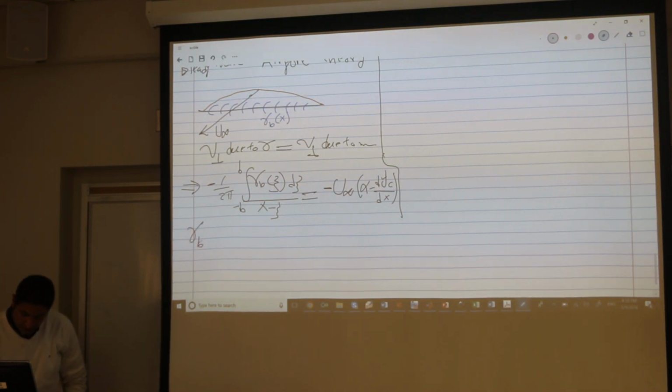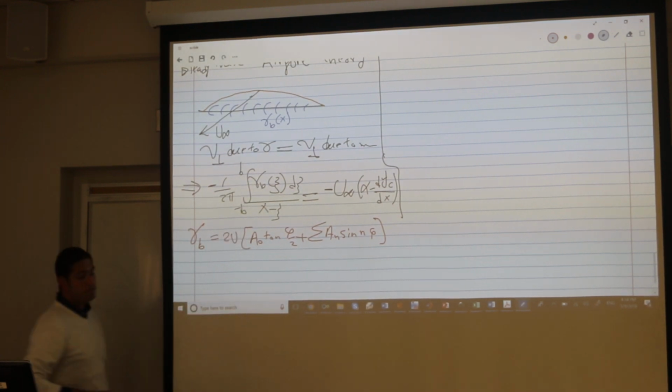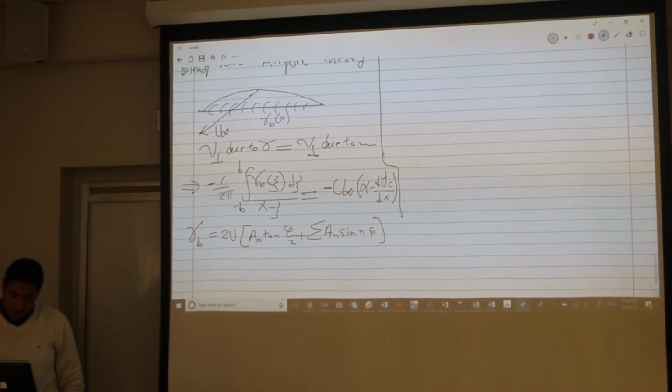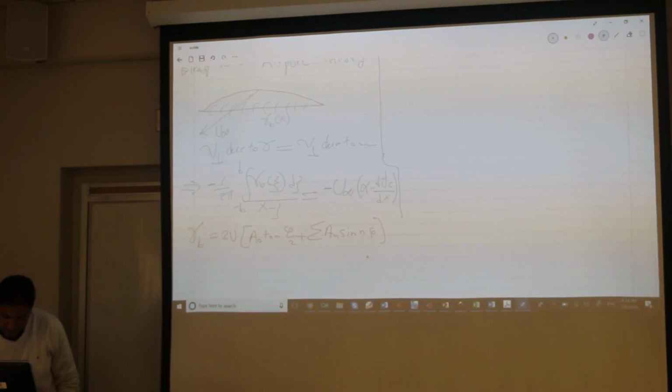Very good. We assume that gamma is 2U A naught tan phi over 2 plus summation A_n sine n phi. Remember x is b cosine phi.